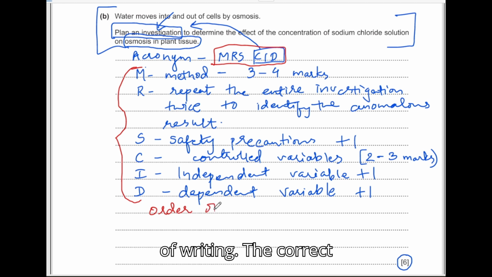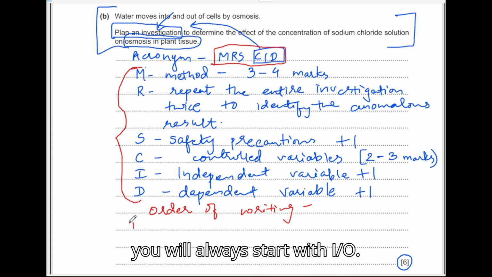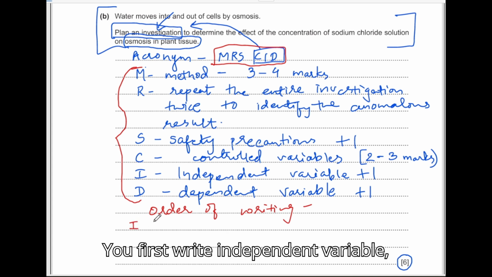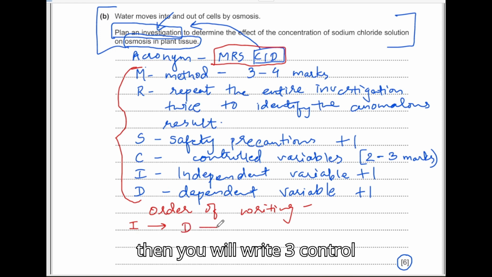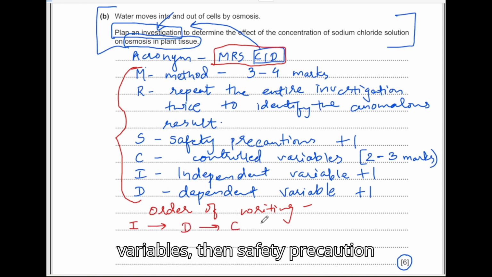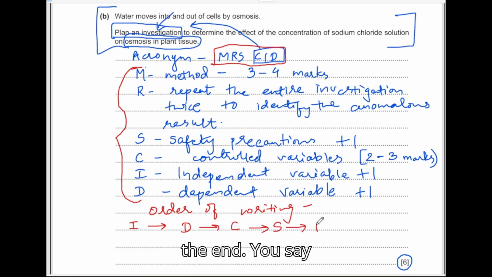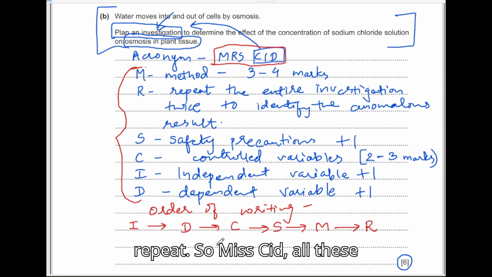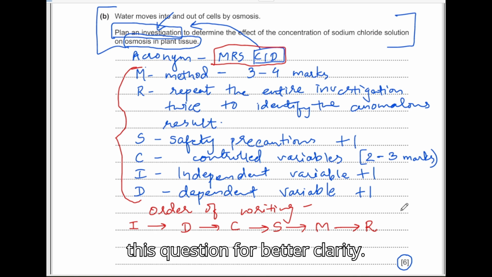The correct order of writing these things is you will always start with I. So you first write the independent variable, then the dependent variable, then three control variables, then the safety precaution, followed by the method, and in the end, you say repeat. So Mrs. CID, all these things will get covered. The next video will tell you exactly how to answer this question for better clarity.